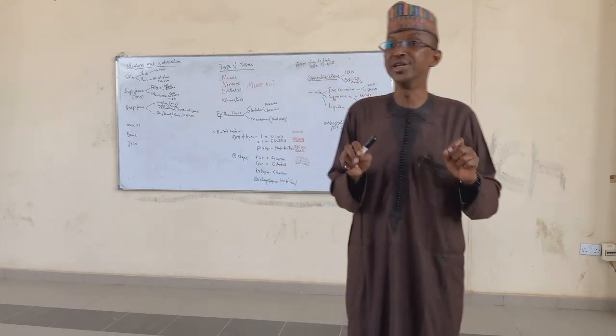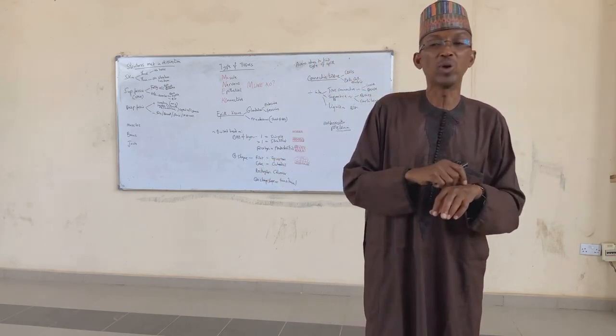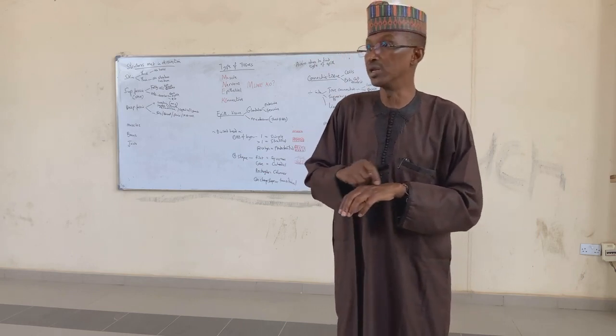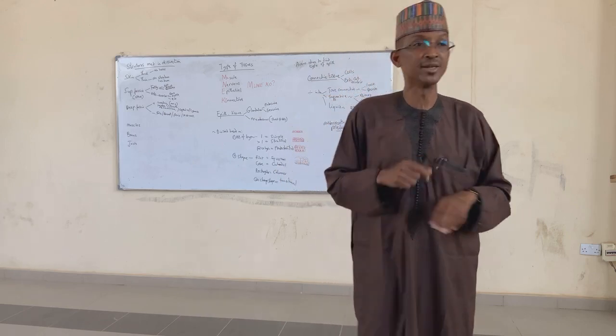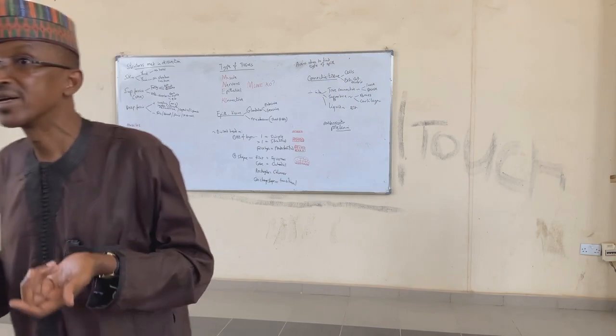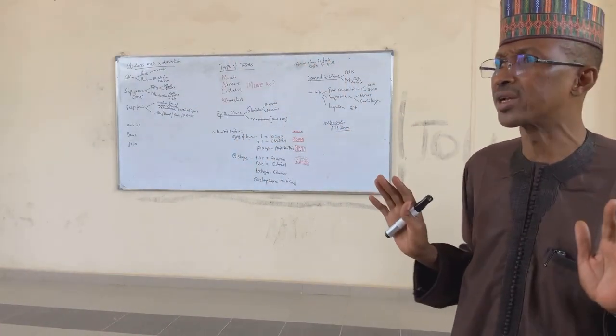Somewhere where you need a lot of movement, where the skin needs to move over the underlying structure, somewhere like the eyelid. We blink. If something is going to fall into your eye, automatically you blink, don't you?